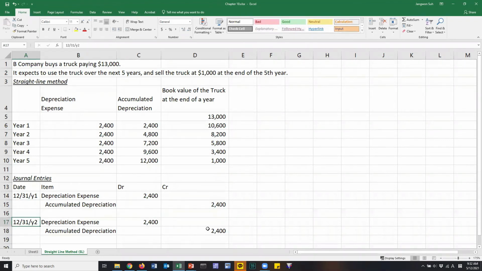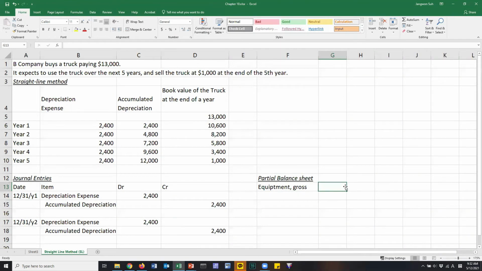But I want to talk with you about the partial balance sheet also. In your balance sheet, you report something like this: truck or equipment gross, which is the acquisition cost of it.